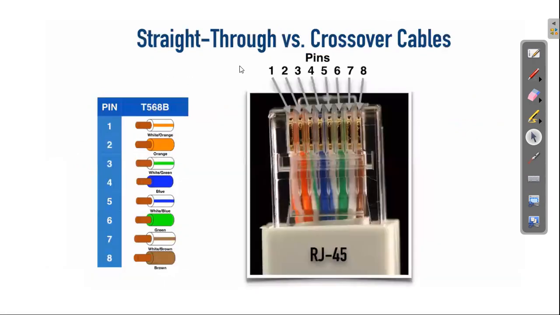Okay. Straight-through versus crossover cable. So how can we do this type of cabling? Actually, there is a color coding system, that is T568B and A. Normally I do 568B cabling. So there are 8 pins, 1, 2, 3, 4, 5, 6, 7, 8. The straight-through versus crossover cables are cabled in different manners.